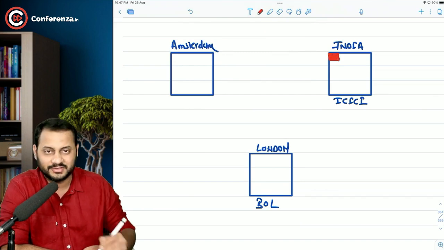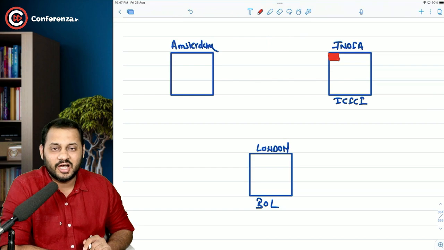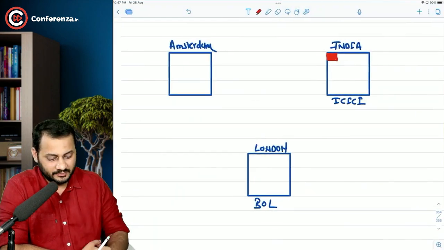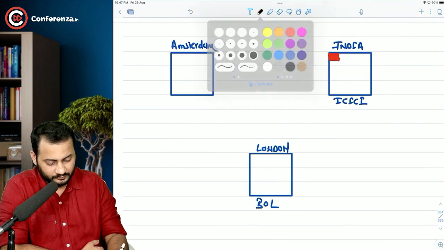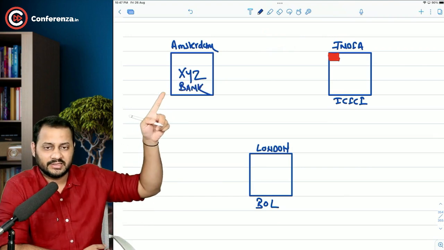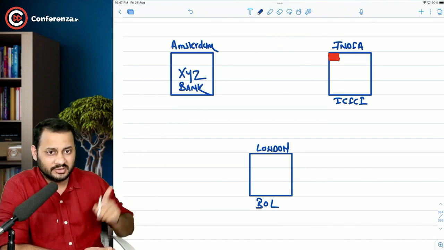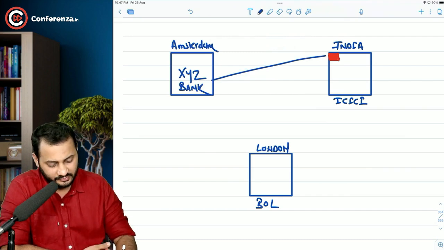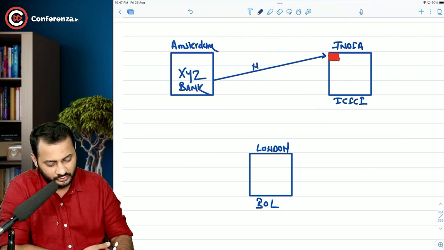Whose account is this? This is the account of XYZ Bank. Now, can I call it from the Amsterdam Bank's angle? That means XYZ Bank's angle. This is my account in your bank. So that's a Nostro account for me, right? Nostro.